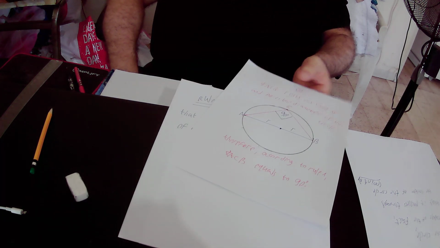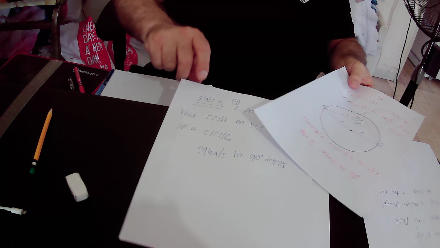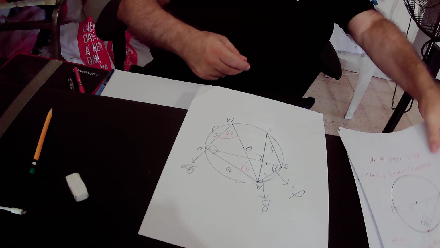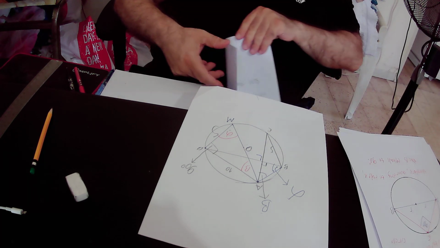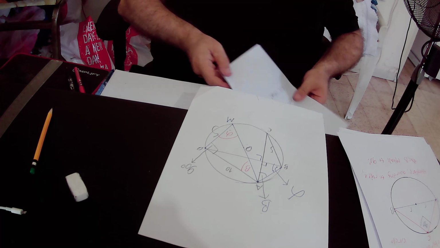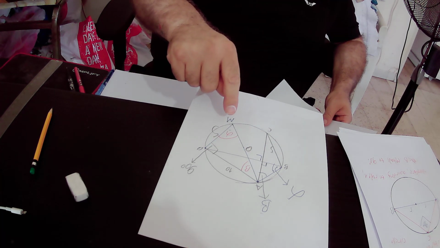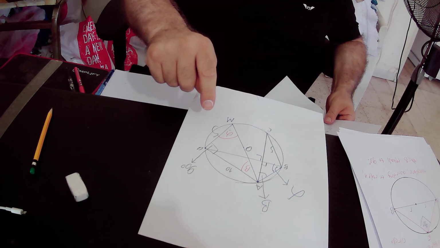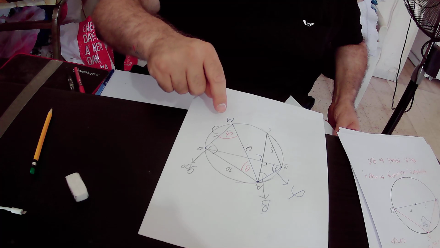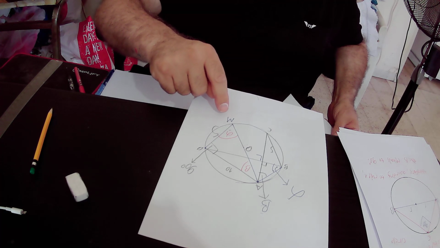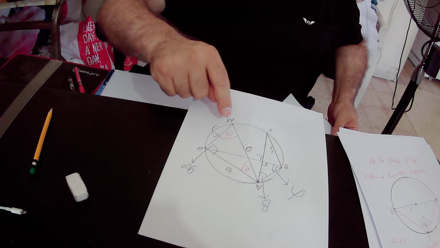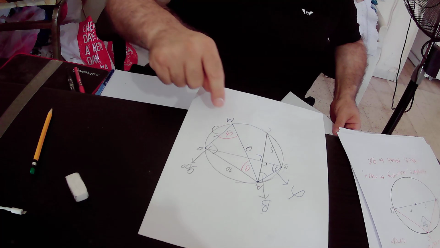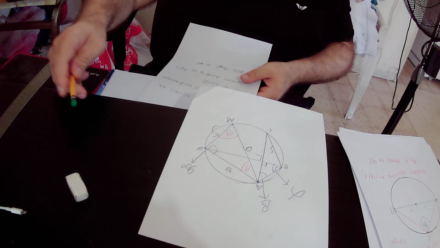We can implement rule number 1 in our circle because we have a chord AD that rests on chord AM, that is the diameter of the circle.